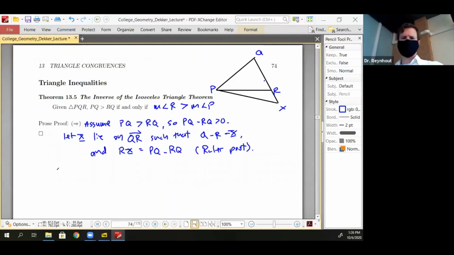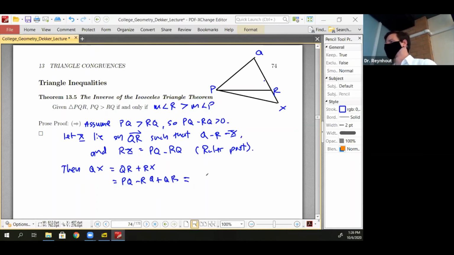All right. Then the distance from Q to X is equal to QR plus RX, which of course is equal to PQ minus RQ plus QR. So the QR I wrote at the end, and RX is PQ minus RQ.